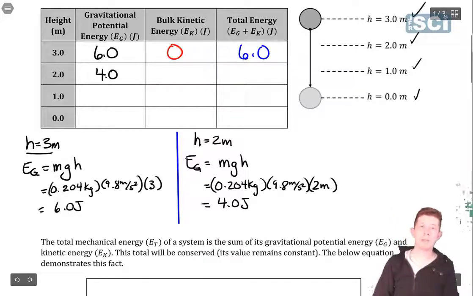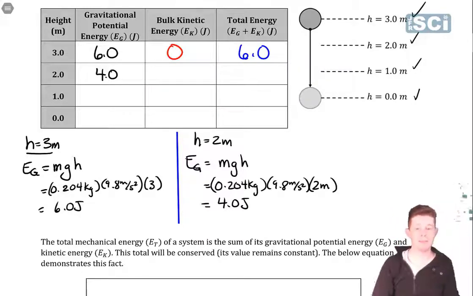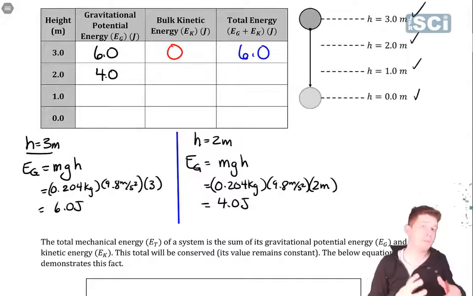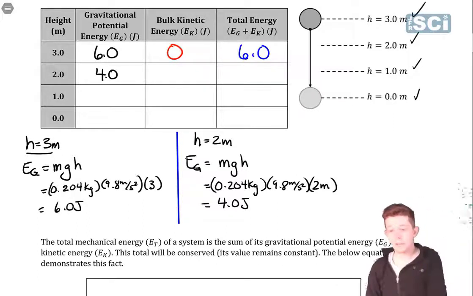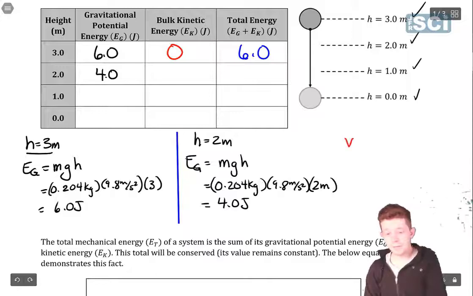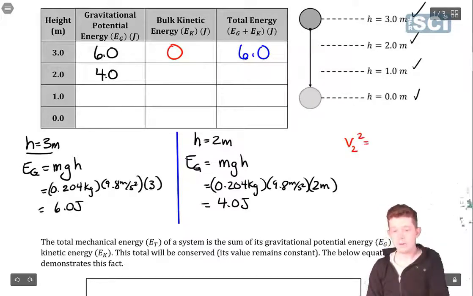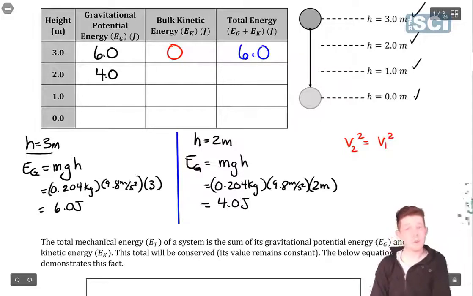Let's determine what its bulk kinetic energy is at that position. To do that, I need to determine how far the ball has moved. Under the influence of the force of gravity, this ball is going to accelerate as it falls downwards. So its final velocity, v2 squared, is equal to its initial velocity, v1 squared, plus 2a delta d.